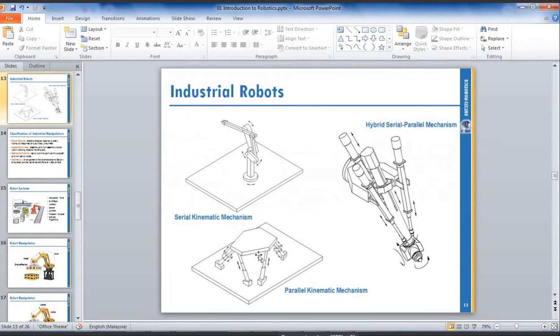So for example, you have 5 or 6 serial, then it becomes a parallel mechanism. So it's more complex, complicated. So we learn in our robotic class only serial kinematic mechanism.